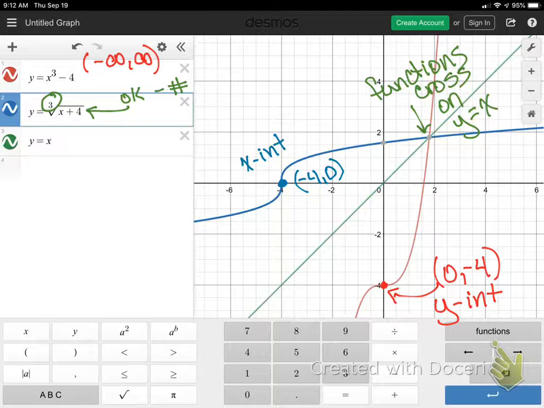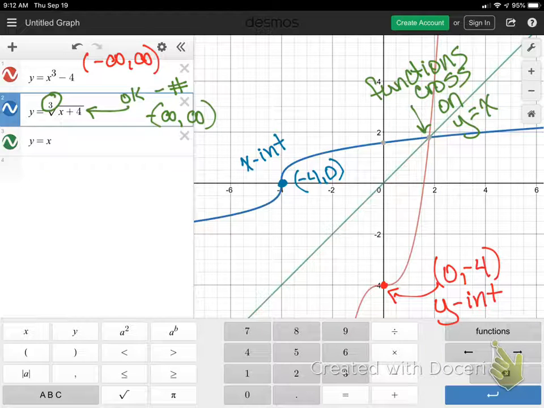Now, look at the graph of the cubed root of x plus 4. Looking at the graph, does it go all the way to positive infinity? Does it go all the way to negative infinity? So what's my domain there? What kind of numbers can I plug in for x? Anything. So my domain here is also negative infinity to positive infinity.